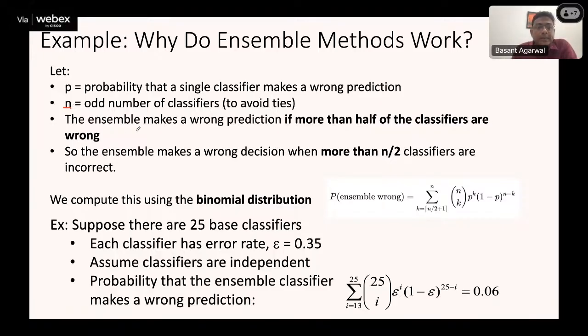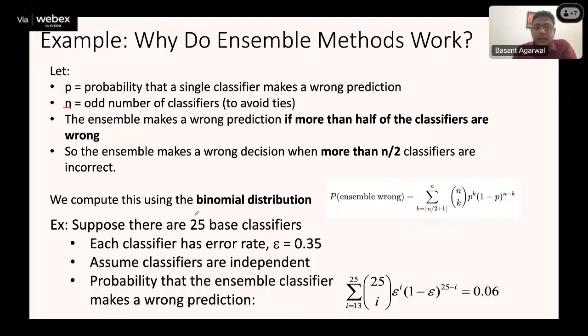If we take n classifiers, the ensemble model will make a wrong prediction only if more than half of the classifiers, that is more than n by 2, are incorrect. And that way we can compute, using the binomial distribution, the probability that the ensemble model will make a wrong prediction, which is this.